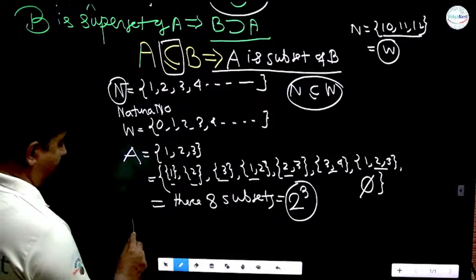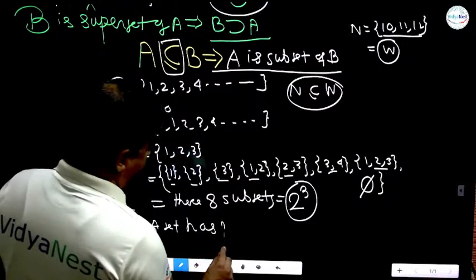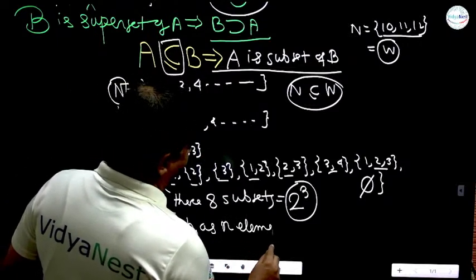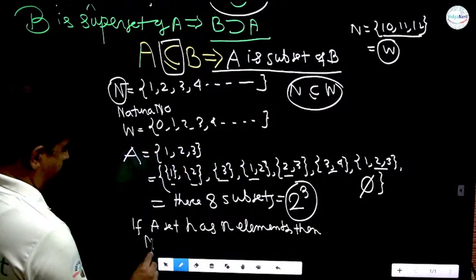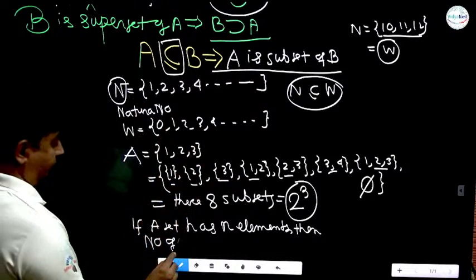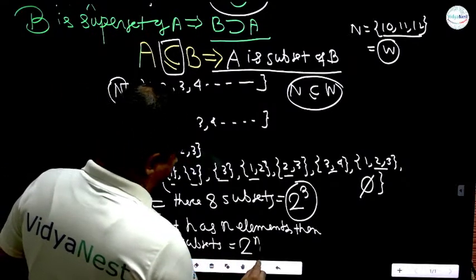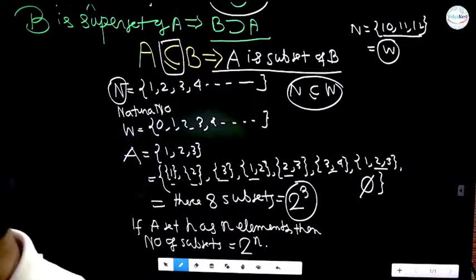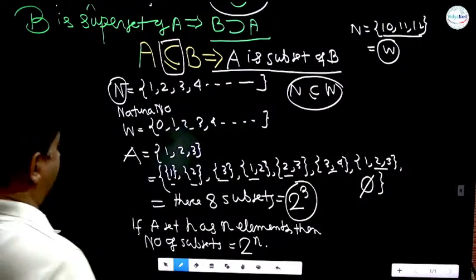Now in this manner, if a set has n elements, then there are 2 to the power n subsets. Okay? So this is the concept of subset.